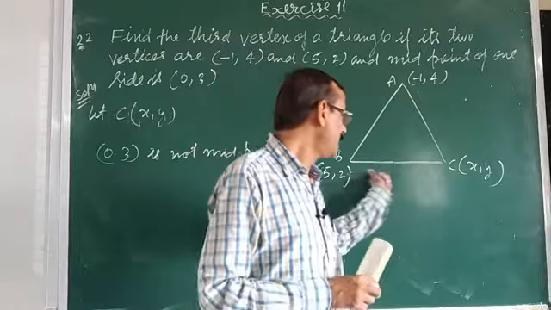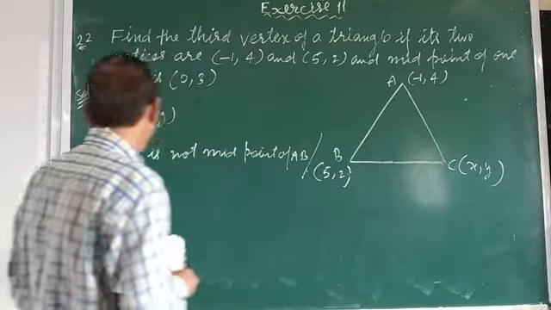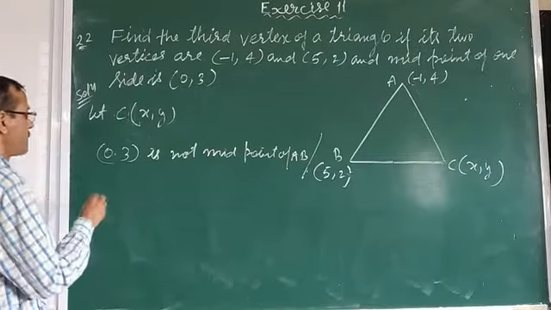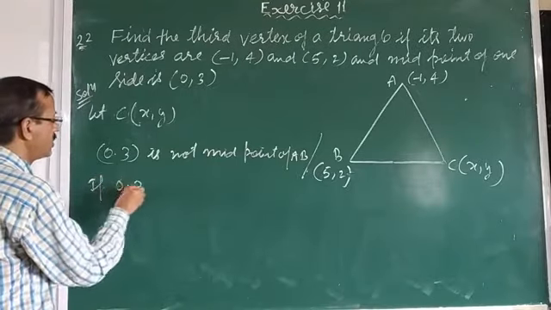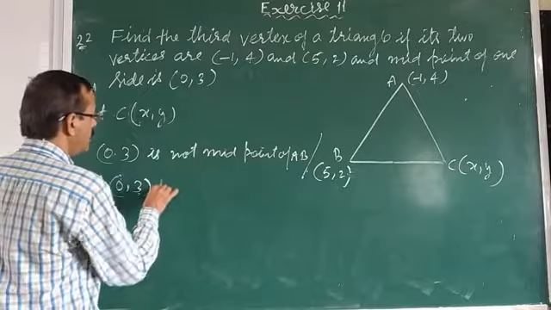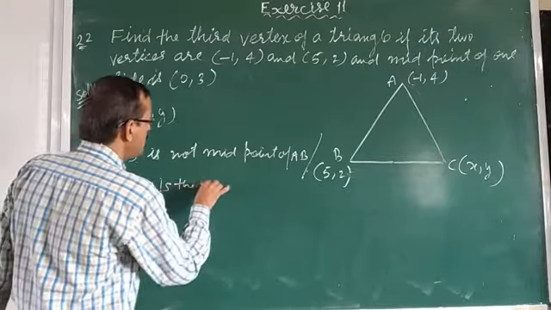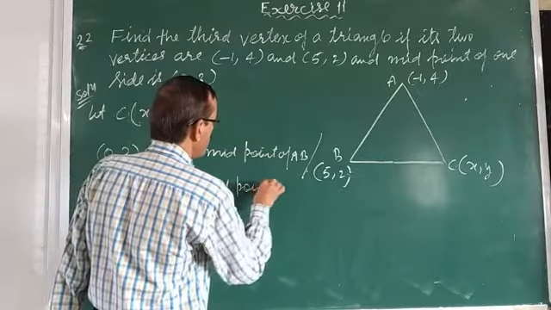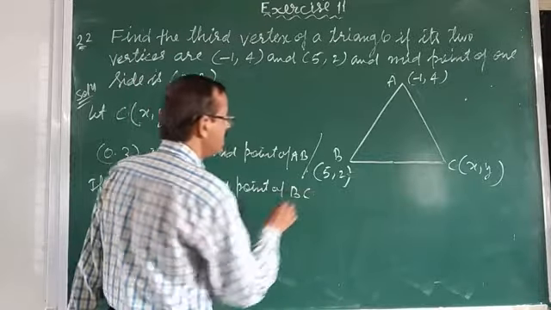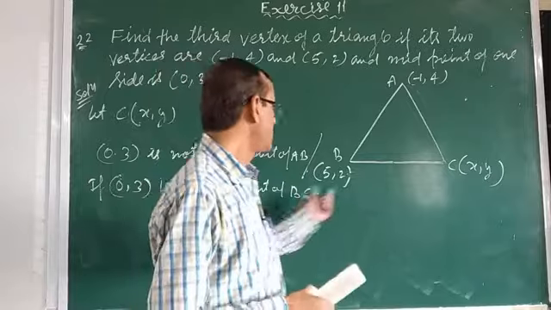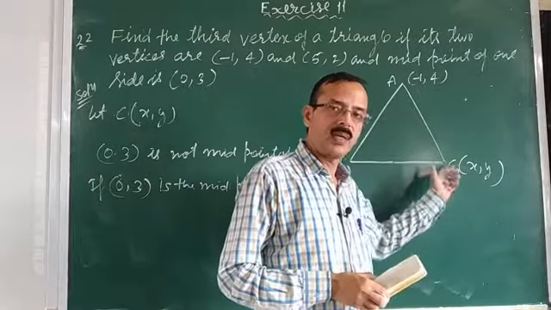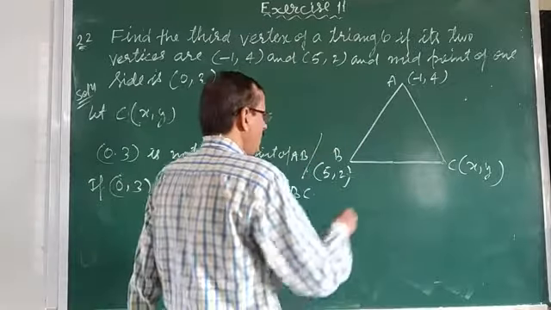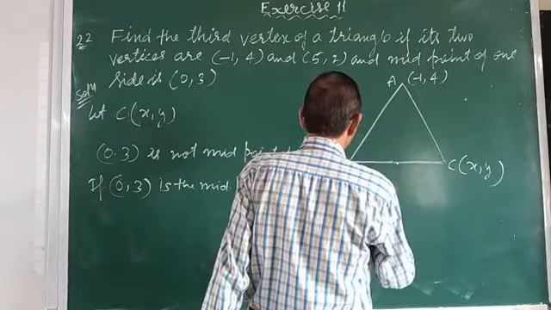So first let BC को हम लेते हैं. If 0, 3 is the midpoint of BC. अगर 0, 3 को हम BC का मिड पॉइंट मान लेते हैं. ठीक है, in that case what will be? मिड पॉइंट क्या होता है आपको पता है.